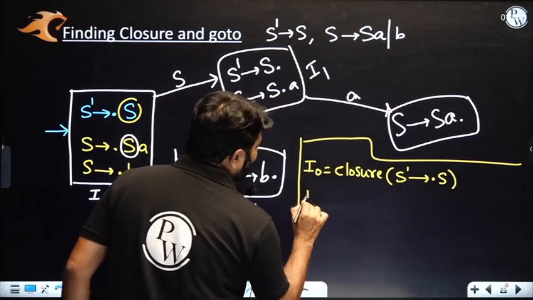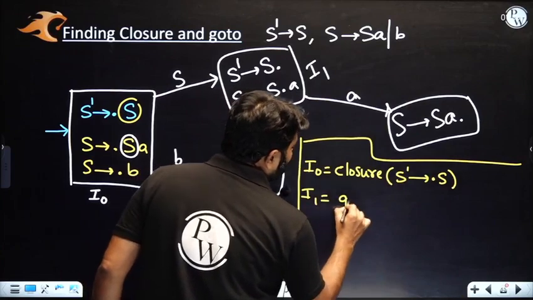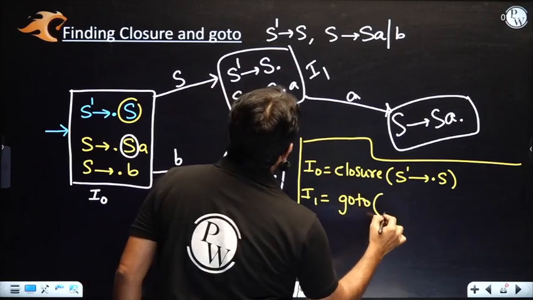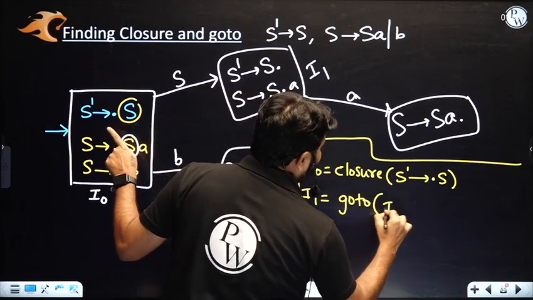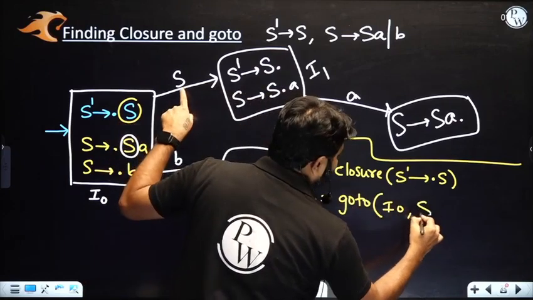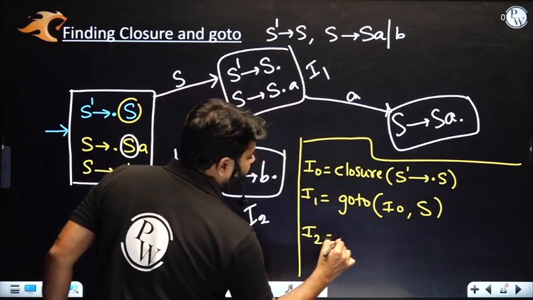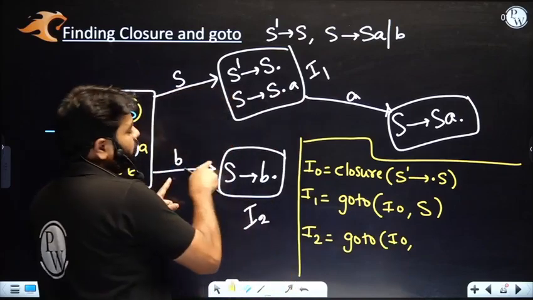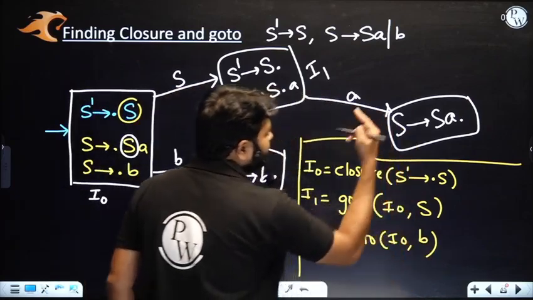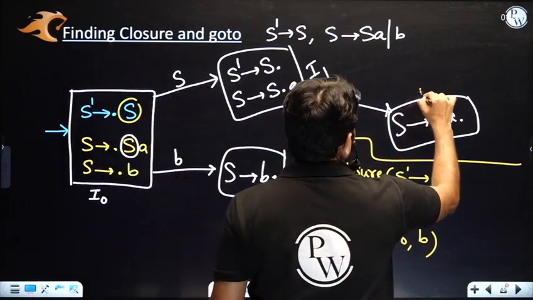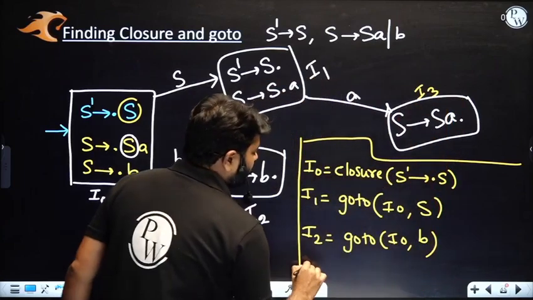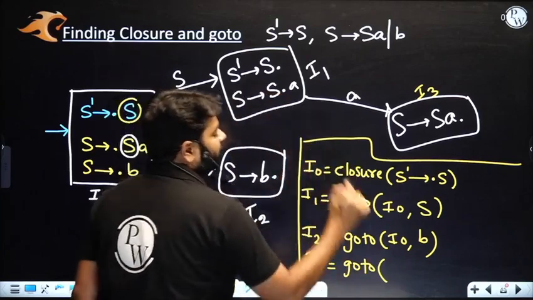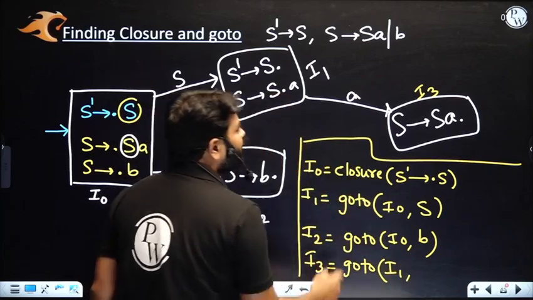And what is I1 here? Goto of the whole I1, two items are there. Goto of I0 by reading S. What is I2 here? Goto function from I0 by reading small b. Okay, I'll name this I3, let's say. What is I3 here? Goto from which state? From the I1 state by reading which symbol? A.